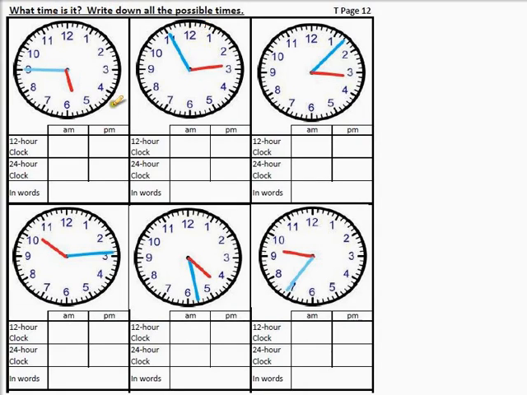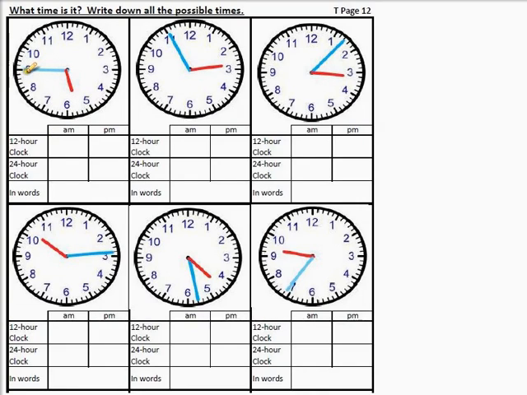What time is it? This means how many minutes is it until it's going to be 6 o'clock, because this shorthand shows it's after 5 o'clock and it's before 6 o'clock. So if we look on this side, it's before, and on this side it's after. So this is before.